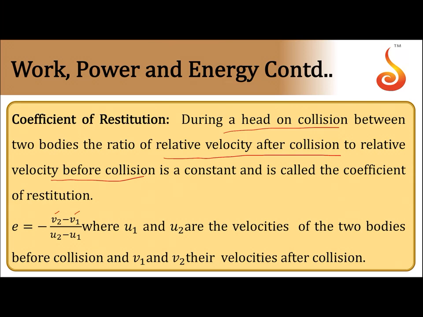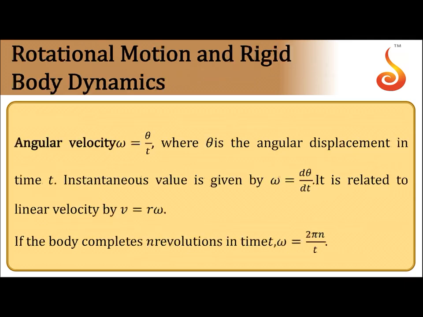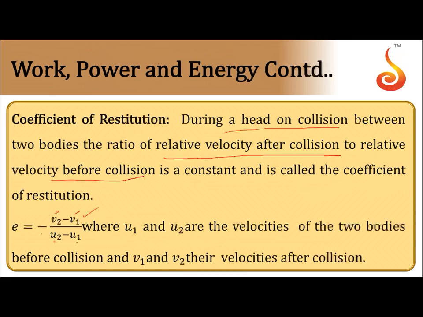So v2 minus v1 will give you the relative velocity after collision. u1 minus u2 gives you the relative velocity before collision. If you just make it u2 minus u1, then you will get a negative sign. So this is called the coefficient of restitution, e. It is a dimensionless quantity. Now for a perfectly elastic collision, e will be equal to 1.